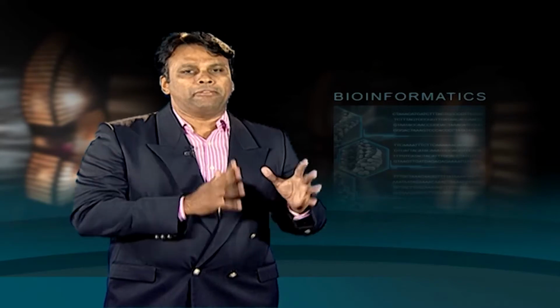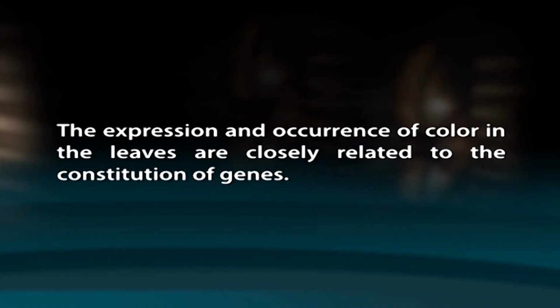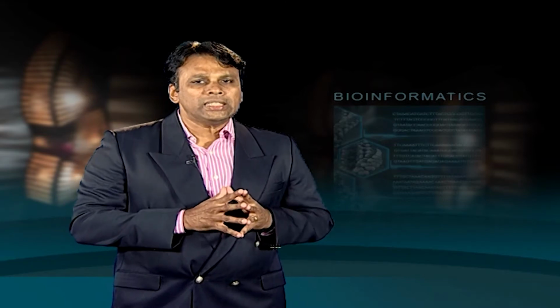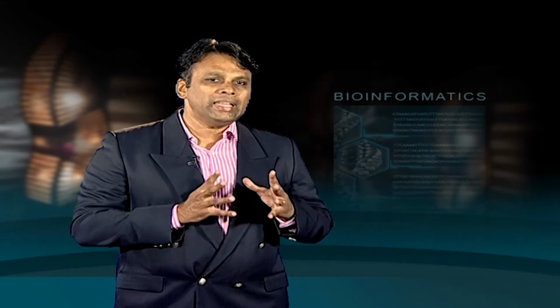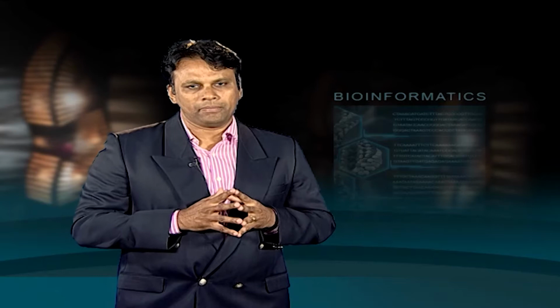The expression and occurrence of color in the leaves are closely related to the constitution of genes. The occurrence of coloration in these parts happens when the genes coexist with any gene combination at A and C loci.